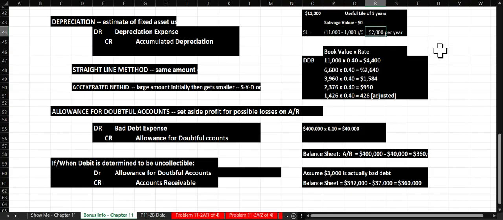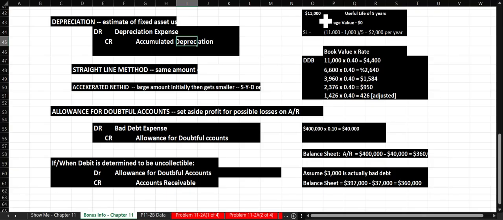So each year you would debit depreciation expense with the $2,000 and credit your accumulated depreciation. And so each year, the accumulated depreciation balance is going to increase by $2,000. And you may recall from your reading of the text that to get to the book value, the value on the books, you take the original cost and subtract the balance in your accumulated depreciation.